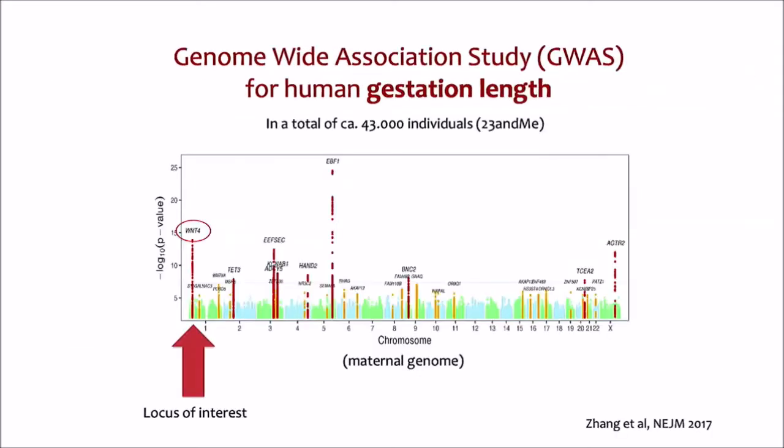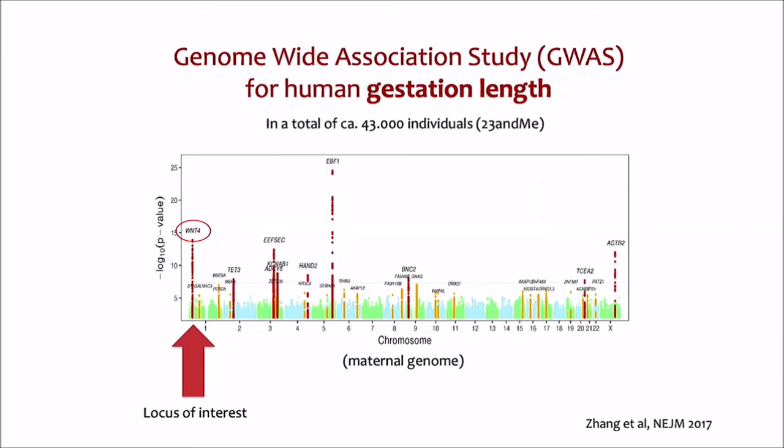All right. So what did we do? We ran a GWAS study. This is already published, so I'm not going to speak very much about this GWAS, more about the functional genetic analysis following it. It was a really big one, about 43,000 individuals. We used the data of 23andMe, and it was then checked in another cohort of about 9,000.